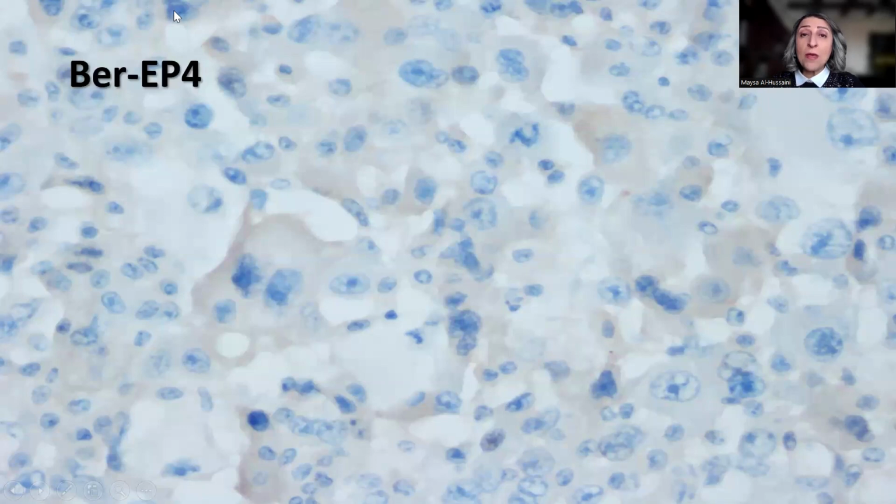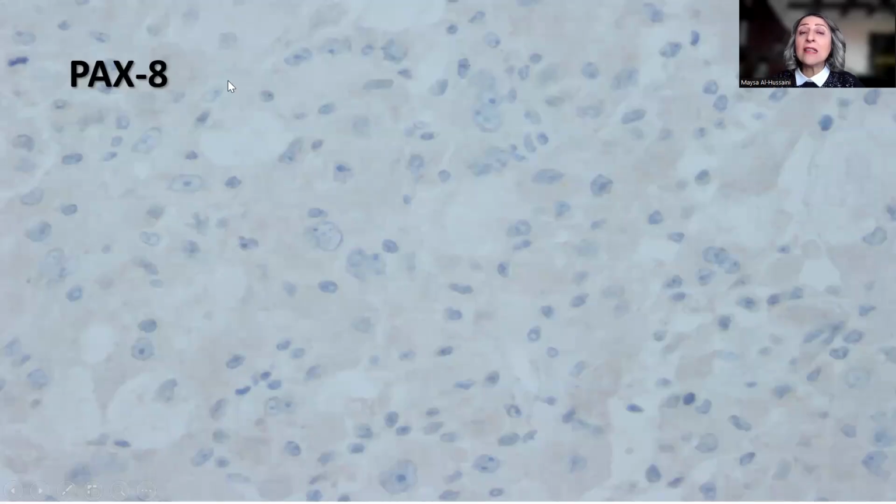We need epithelial markers, something like Ber-EP4, which is completely negative in this case, as well as PAX8. Luckily, it was negative in this case. However, remember that something like 6 to 10% of cases of mesothelioma, including peritoneal mesothelioma, can be PAX8 positive.